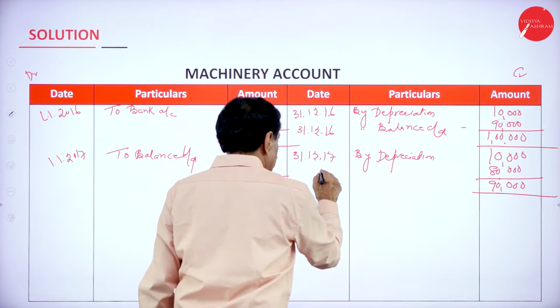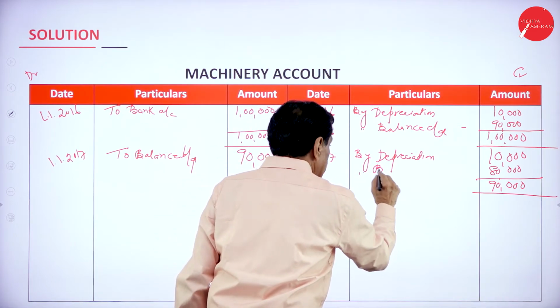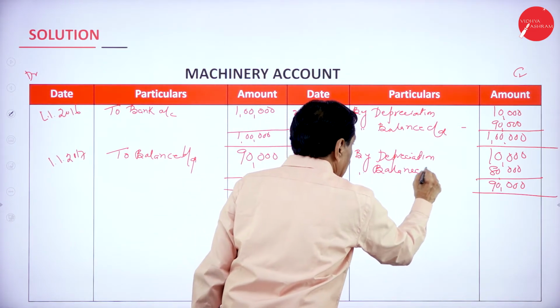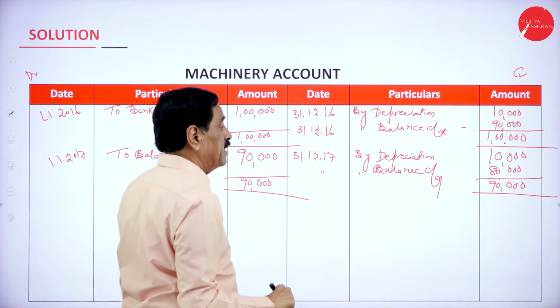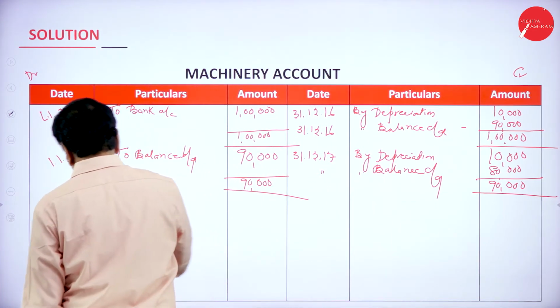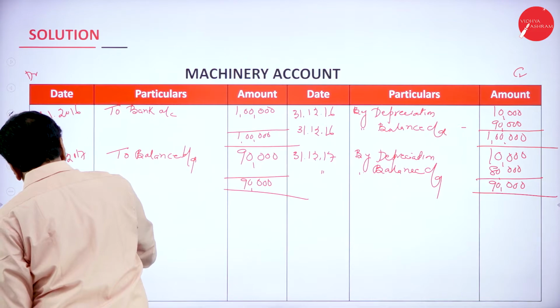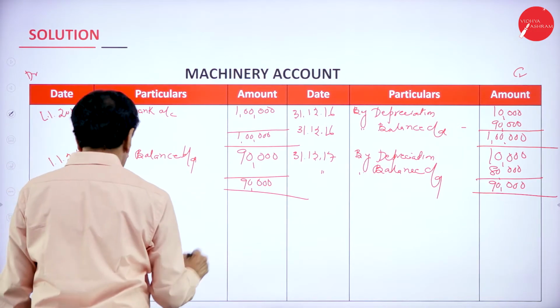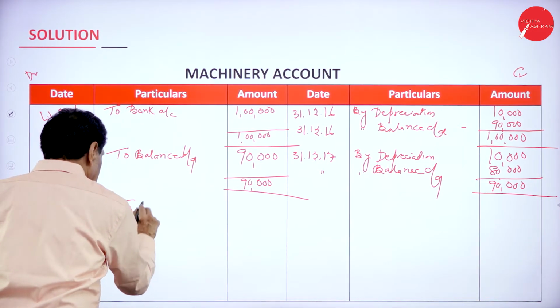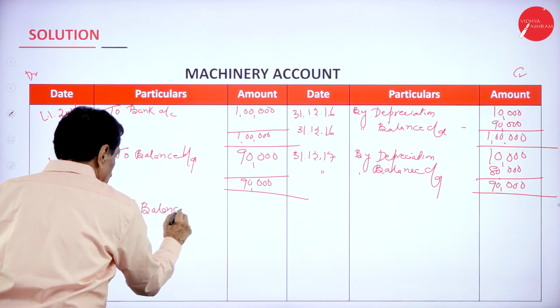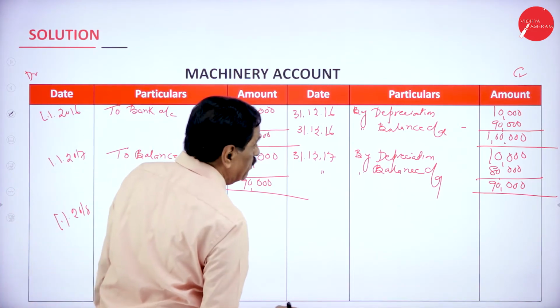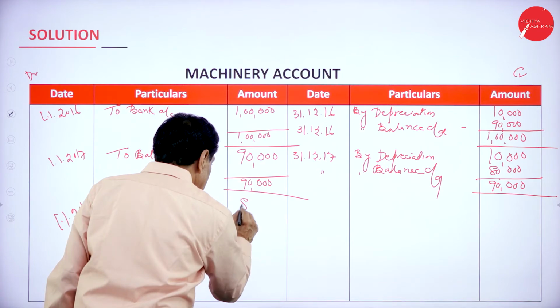Same date, by balance carried down is 80,000. Next, 1/1/2018, to balance brought down. What's the value? 80,000.